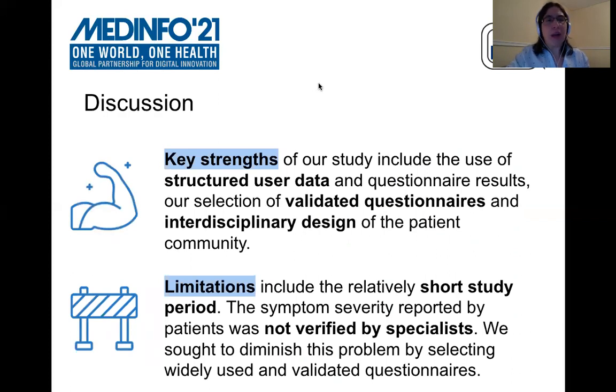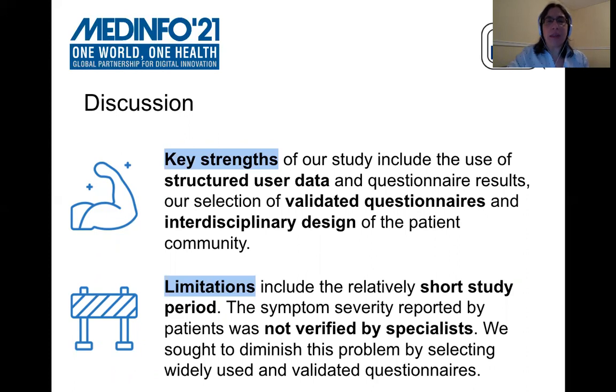So we have arrived at the discussion. We consider that our work has several strengths that include the use of structured user data and questionnaire results, our selection of validated questionnaires, and the interdisciplinary design of the patient community that was made along with the dermatology department.